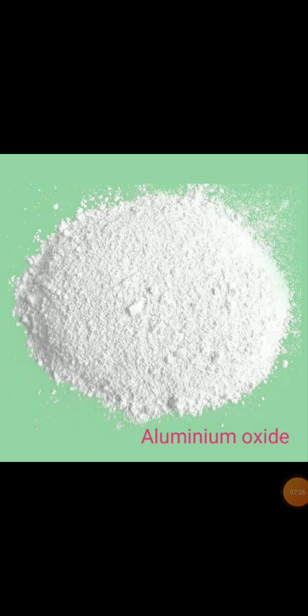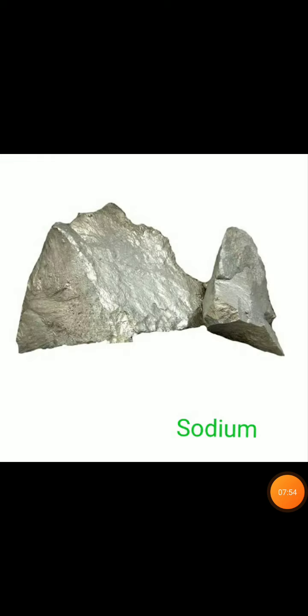So basically, for obtaining the metals of the high reactivity series, you need to remember how they are obtained. They are obtained by electrolytic reduction. What is this electrolytic reduction? Electrolysis process of their molten chlorides. When we take the example of aluminium, it is obtained by electrolytic reduction of aluminium oxide. If we take the example of sodium, then it is obtained by the electrolysis of molten chloride.